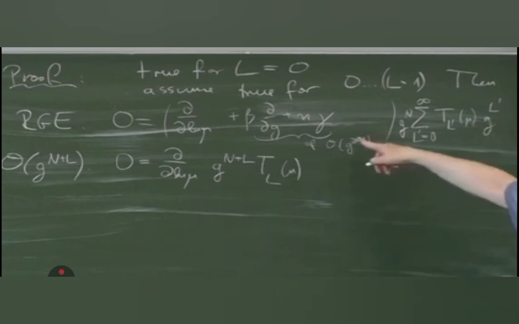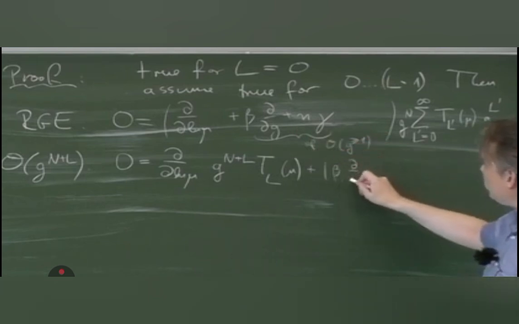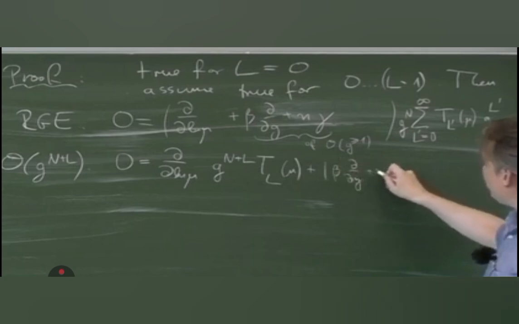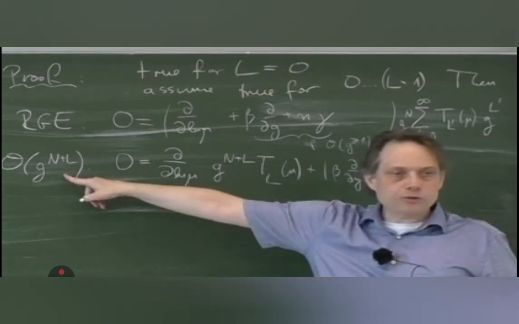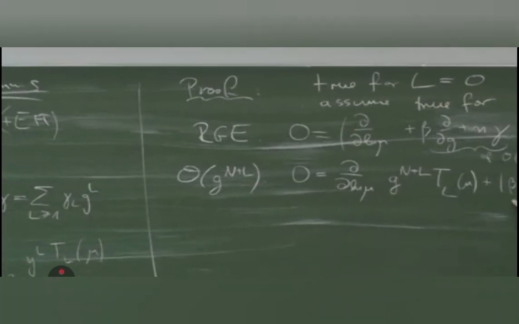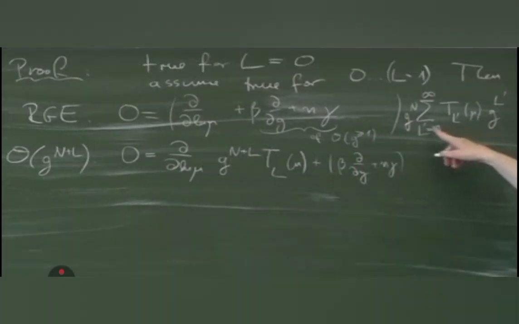Therefore, if we act with this differential operator, in combination with our d by dg plus n times gamma, on the sum, which terms in the sum now contribute, from 0 to infinity? Not all terms contribute. The differential operator is at least of order equal to 1. So we need here only terms where the overall power is less than this.